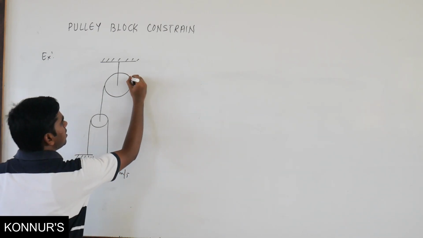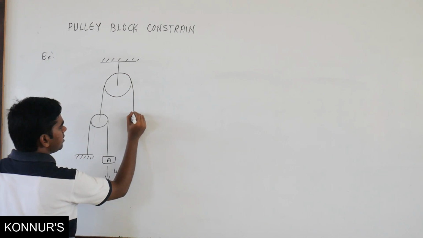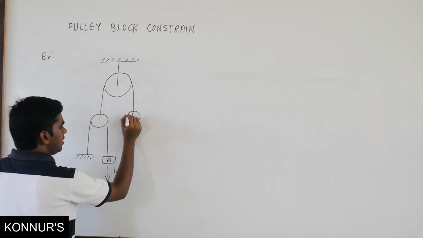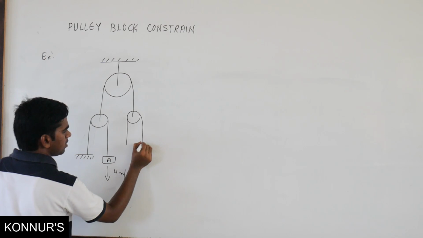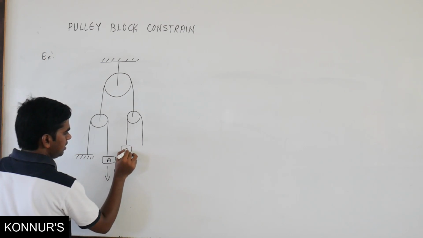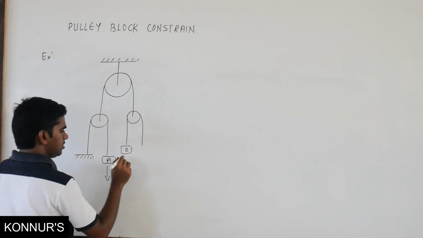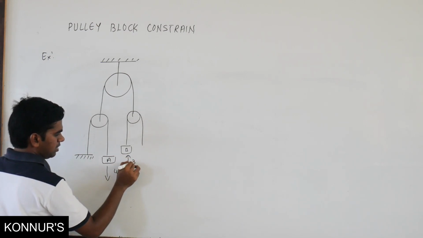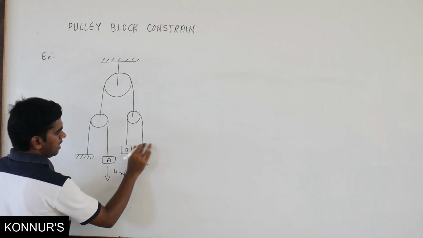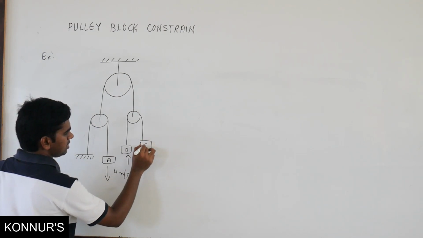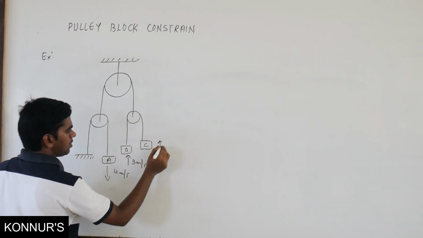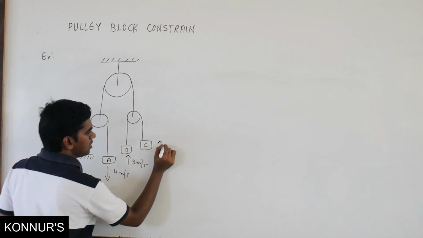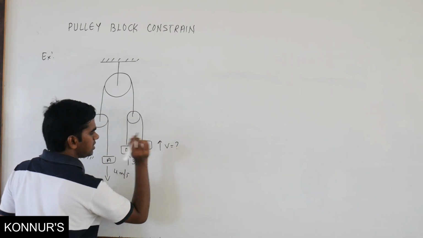Similarly, another pulley is connected here, and here two masses are connected. One is mass B, which is moving in upward direction with a velocity, say 3 meter per second, and another mass C is connected here, which may or may not move in upward direction. They are asking velocity of C only.